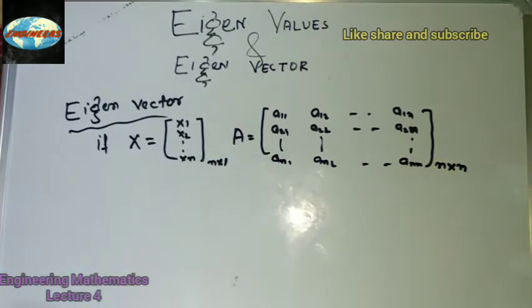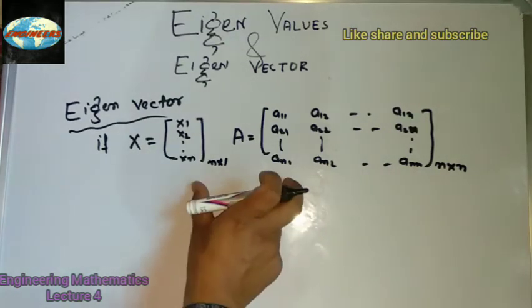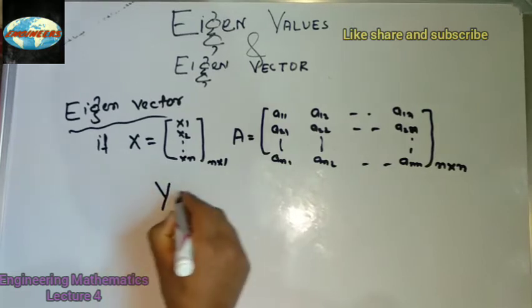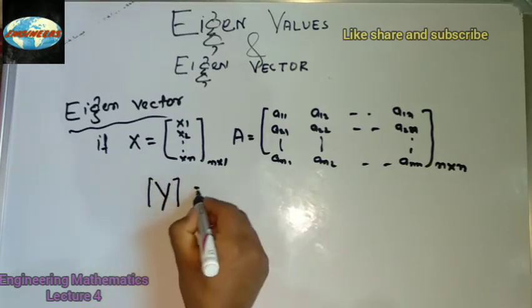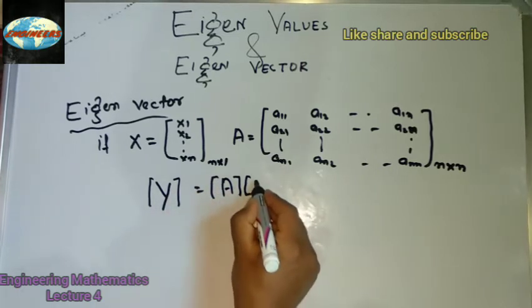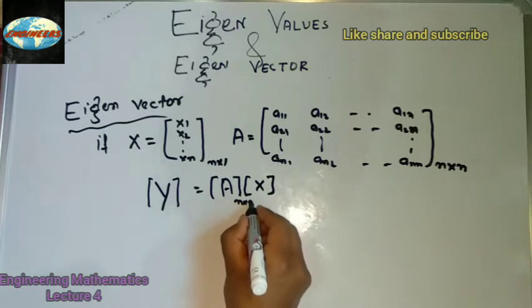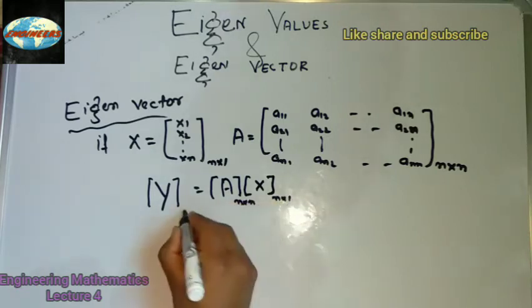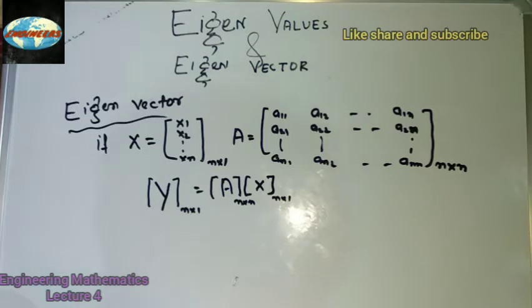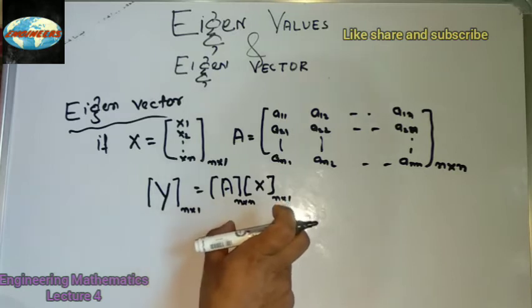If we perform a linear transformation on these two matrices, that is, Y equal to A matrix into X matrix, then since the orders are n cross n and n cross 1, the order of Y will be n cross 1. What is this linear transformation actually doing?